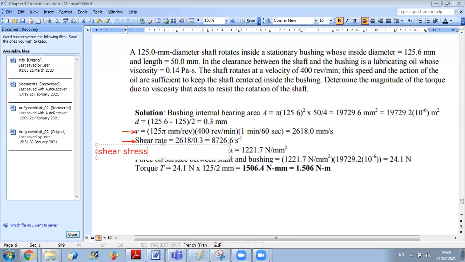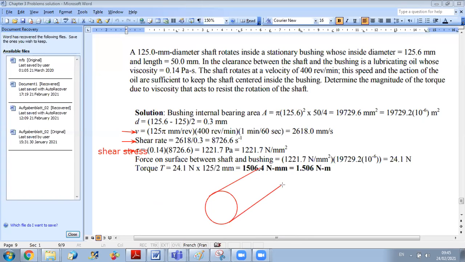The shear stress value will be in Newton per millimeter square. After this I will multiply by the peripheral area of the shaft, because the shear is acting on the peripheral area of your shaft.